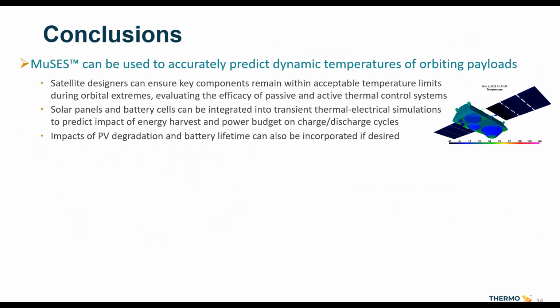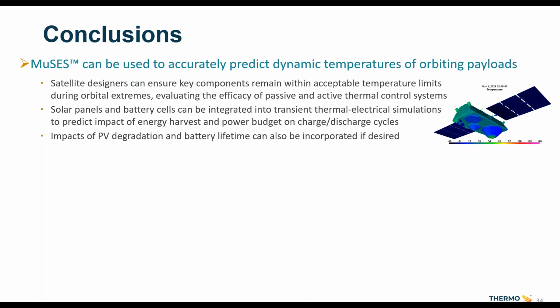Okay, so I'm going to finish up with some conclusions here. I think what we've shown today is that MuSES can be used to accurately predict the dynamic temperatures of orbiting payloads. We've shown some validation data in the past, but what we've shown here is the ability for satellite designers to make sure that key components of the system are going to stay within acceptable temperature limits, and you can make sure that the passive and active thermal control systems that you've included are doing their job in managing critical temperatures appropriately.